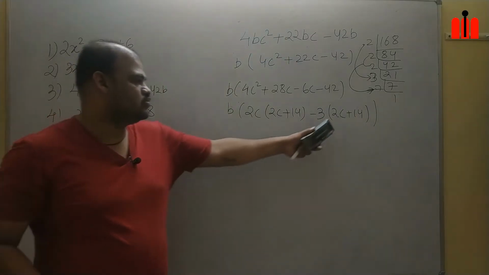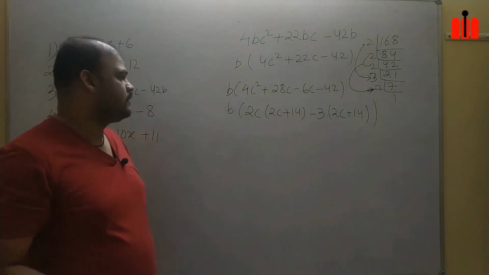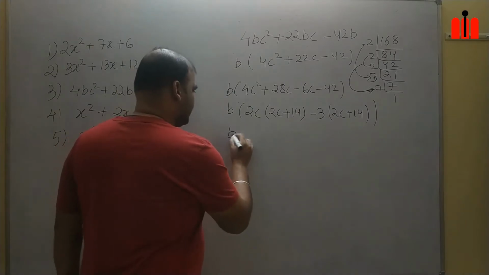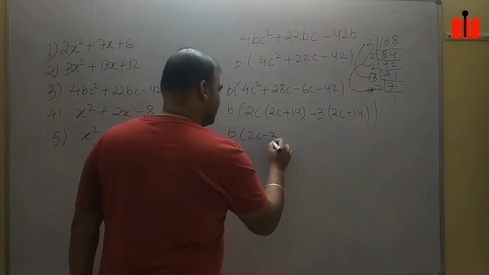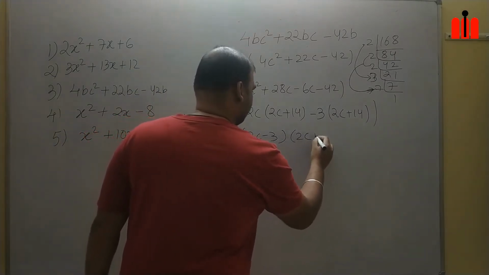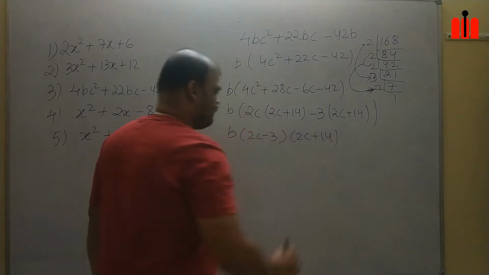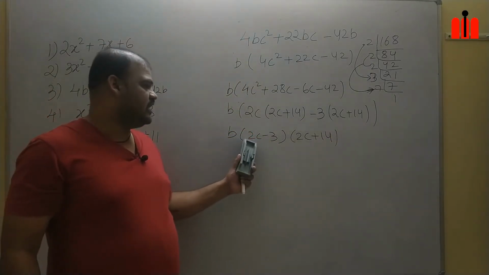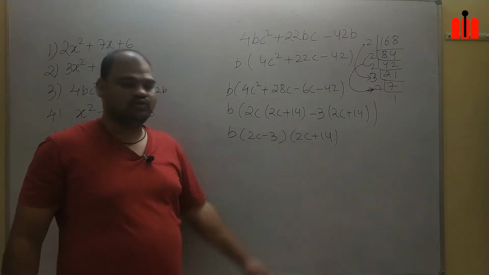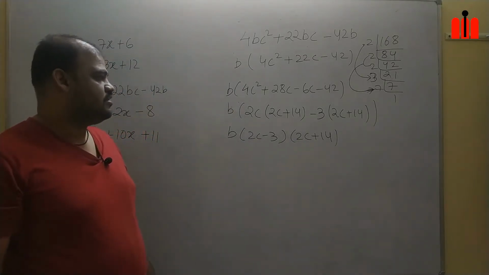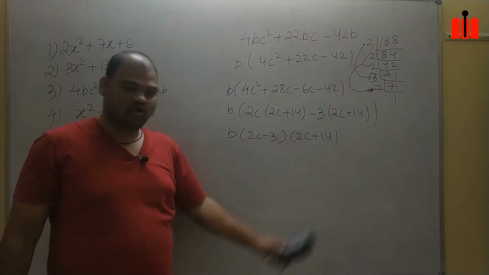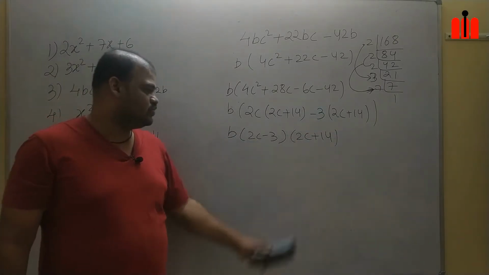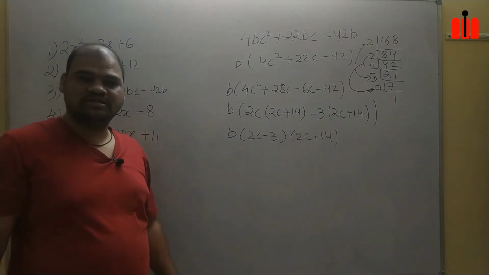So you are going to get b into 2c minus 3 and 2c plus 14. Are you getting it? So 2c plus 14 is common. So it will be b into 2c minus 3 into 2c plus 14.